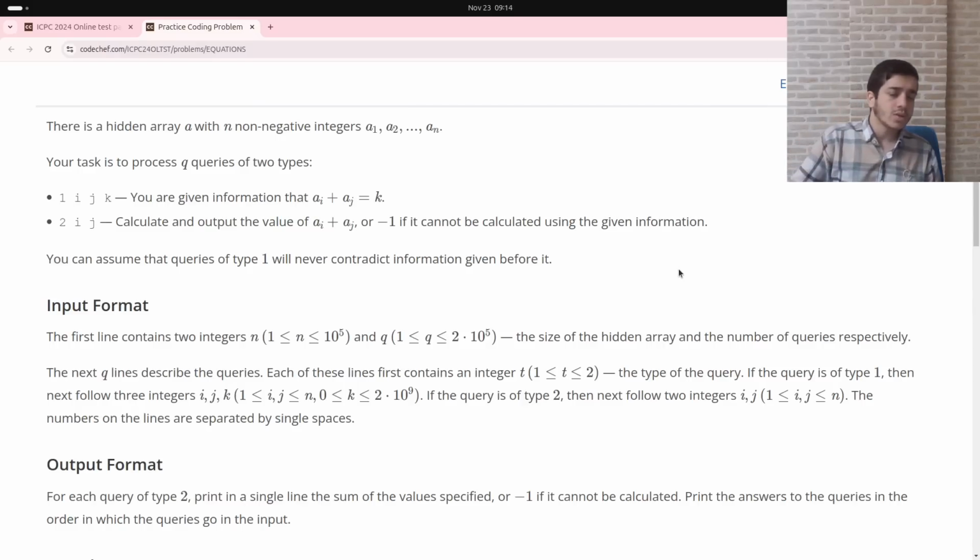So I think I'm understanding what is happening here. Consider a connected component in the graph that I described.